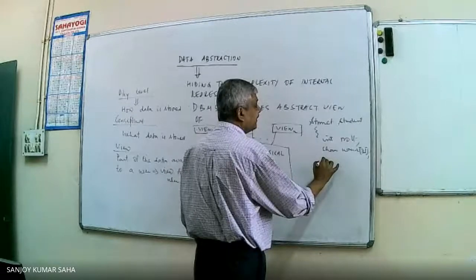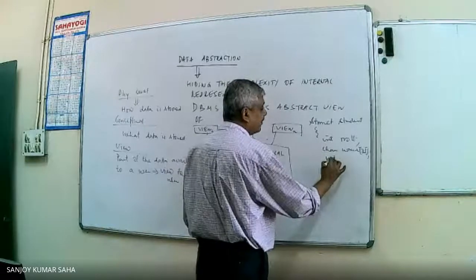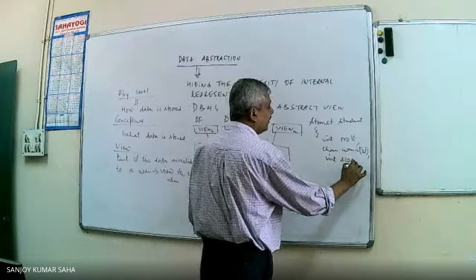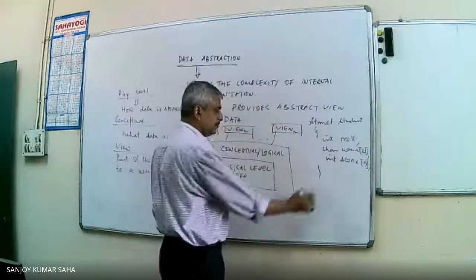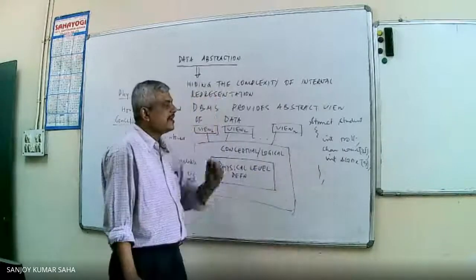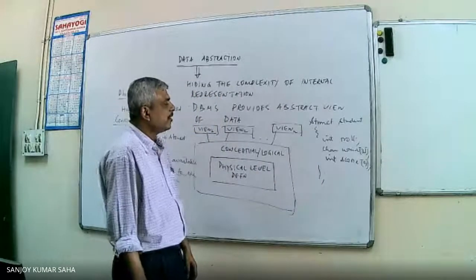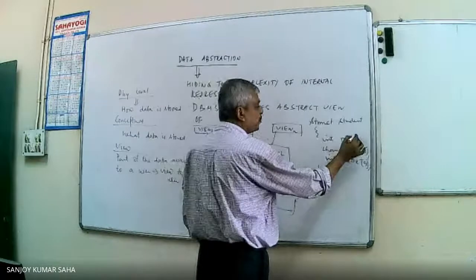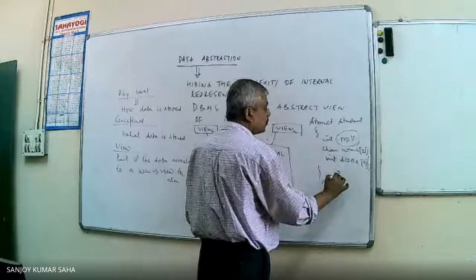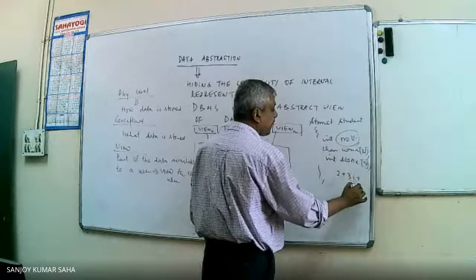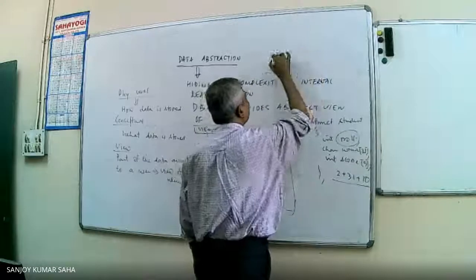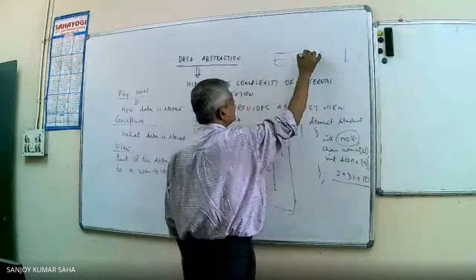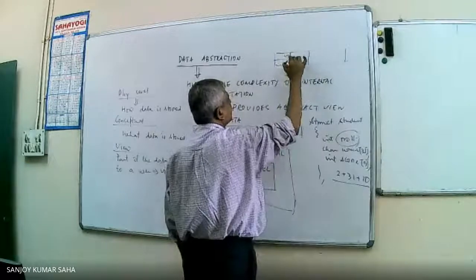So one can say at the physical level, if we assume 2 bytes, so 2 plus 31 plus 10, there are 43 bytes, of which the first 2 bytes represent an integer.